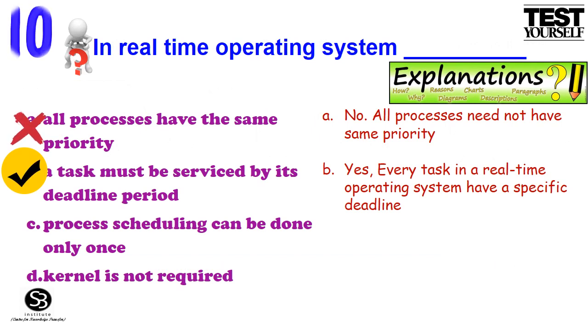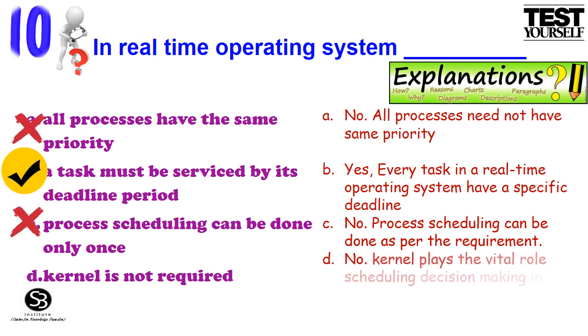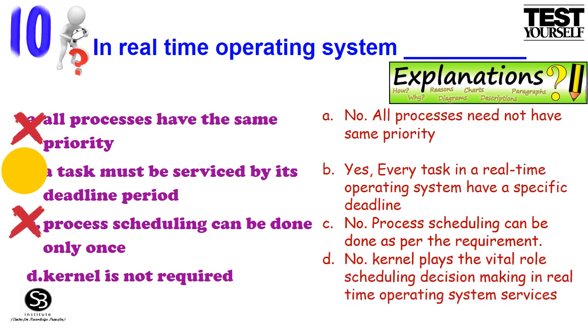No, process scheduling can be done as per the requirements. Option D, kernel is not required. No, kernel plays the vital role in scheduling decision making in real-time operating system services. Hence, option B, a task must be serviced by its deadline period, is a suitable answer.